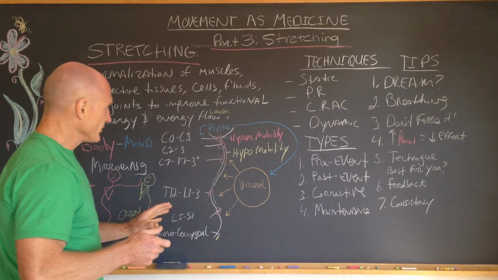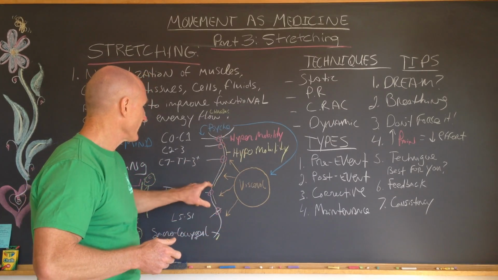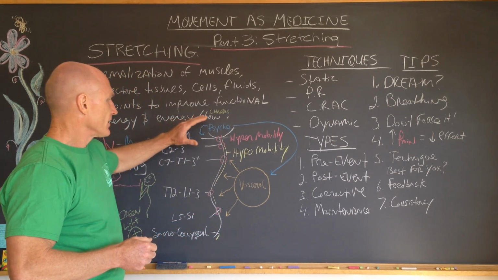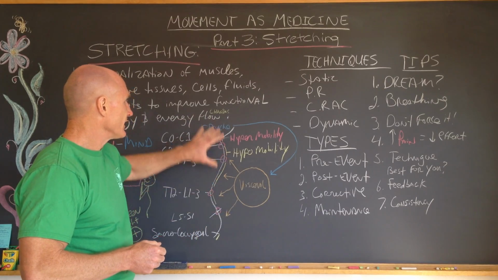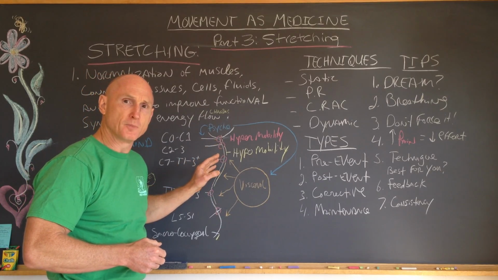So now when it comes to stretching, we're just going to take a quick review. Yesterday I talked about transition zones, and I talked about the importance of understanding that the psyche is the overarching controller. It was the top of the Chek totem pole.